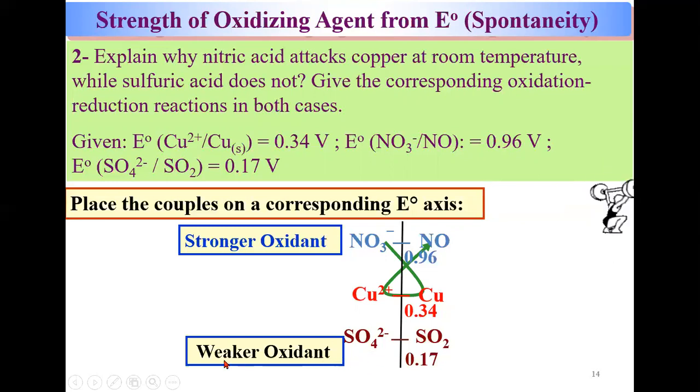In any case, this weak oxidant cannot react spontaneously with copper, because it's in the anti-gamma direction. Of course, nitric acid cannot react with sulfuric acid because these are both on the oxidant side, and everything on the right-hand side is on the reductant side. Reductants can never react with each other, and oxidants can never react with each other. That's like a base with a base and an acid with an acid. There's no net reaction.